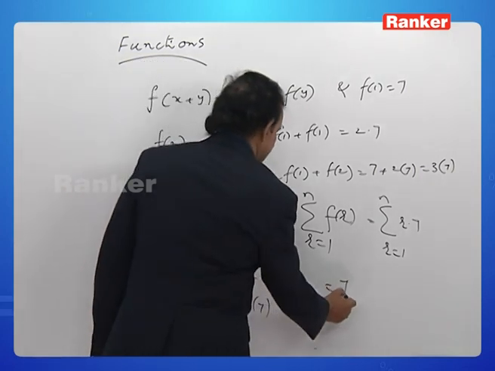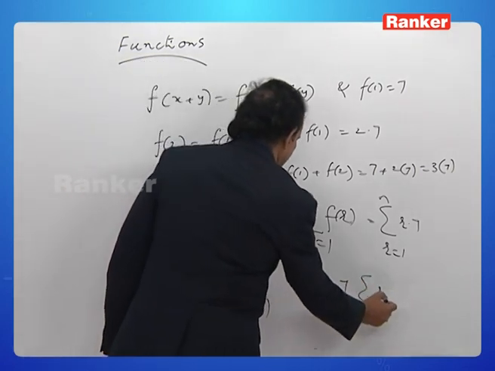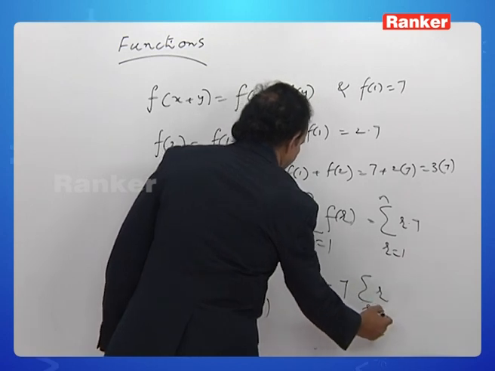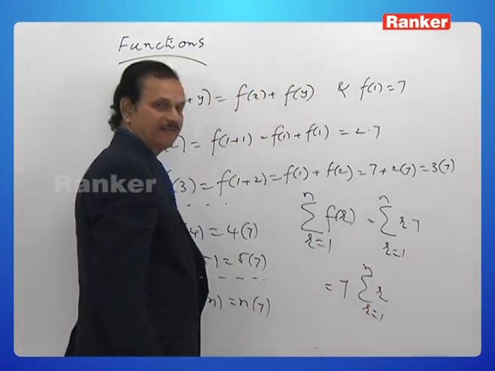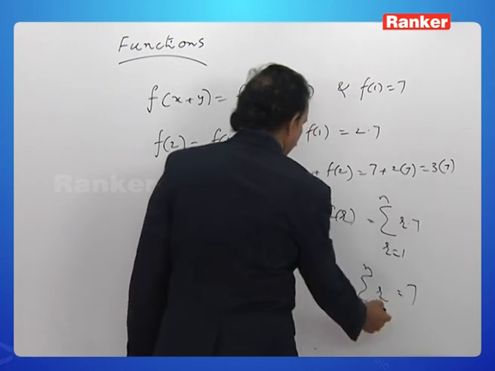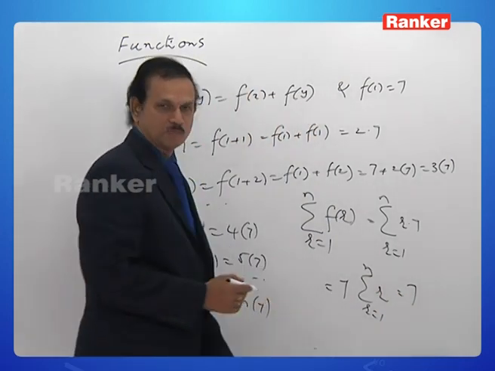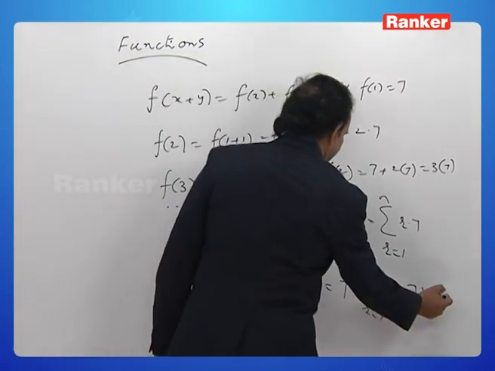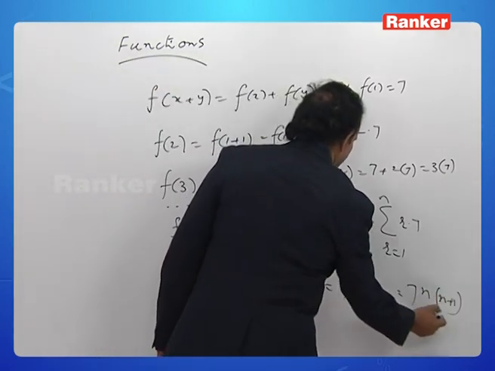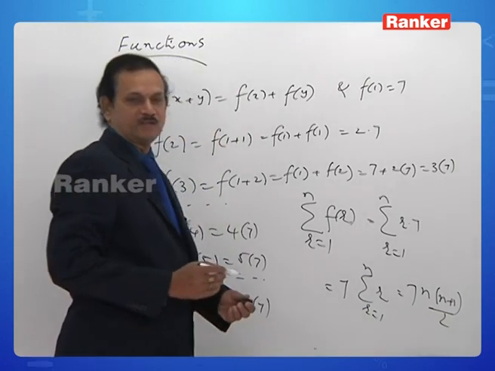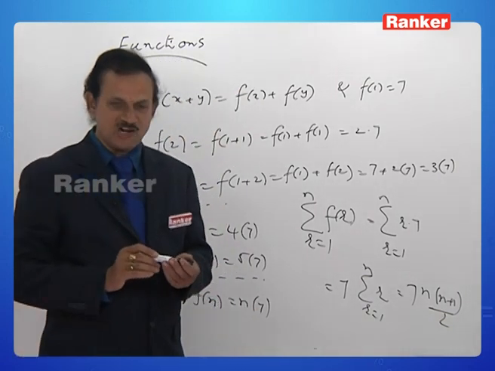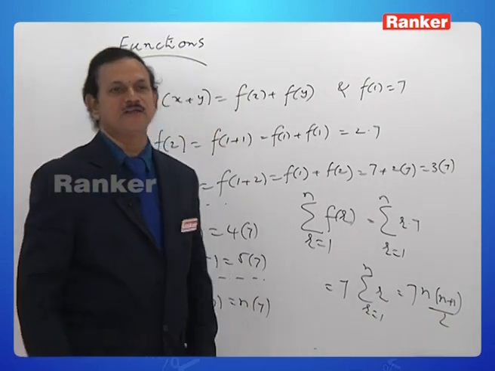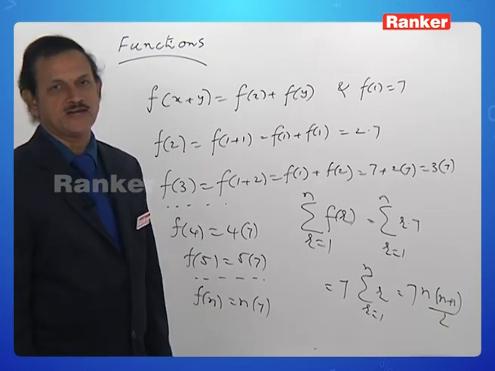This is equal to 7 into sigma r from 1 to n. Therefore, the answer is 7 into, what is sigma r? 1 plus 2 plus 3 plus and so on up to n is nothing but n into n plus 1 by 2. Amongst the given options, the second option is the right option. 7n into n plus 1 by 2 is the right option.